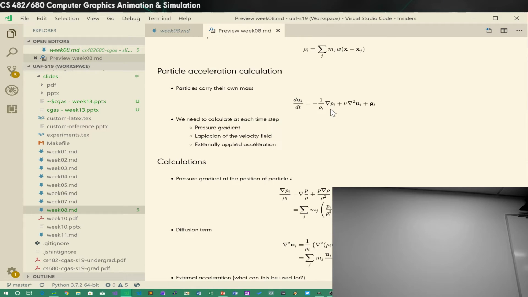All right. So then what's this operator called? Not the gradient. This is the Laplacian. This right here is the Laplacian.